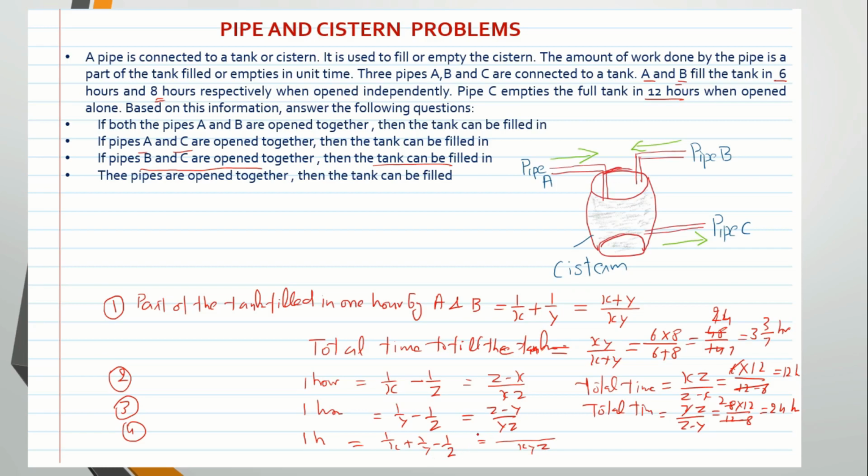Here we are getting YZ, here XZ, and here minus XY. So the total time in this case is XYZ upon YZ plus XZ minus XY.